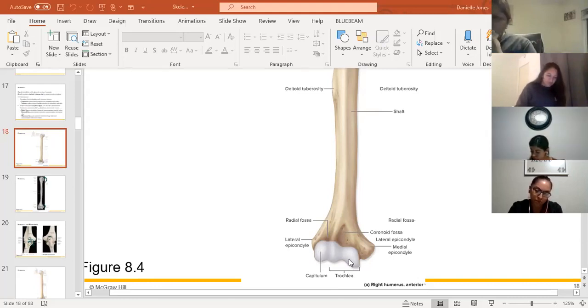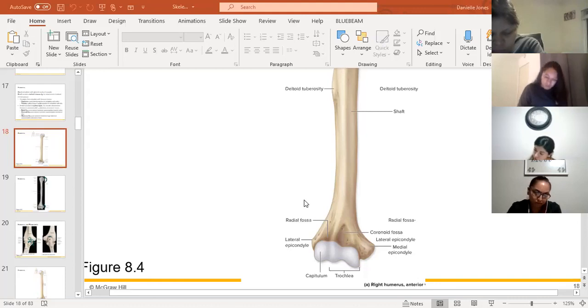A little bit more proximal to the trochlea is this fossa. Now it's pretty tiny. If we look at this one right here, there's not much to it. Here we have the medial epicondyle, here's the trochlea, and then there's this kind of little fossa right in there. It's not that big, but that is known as the coronoid fossa.